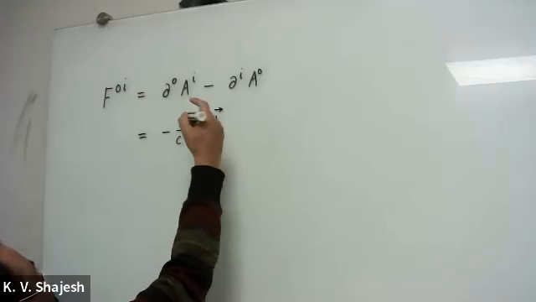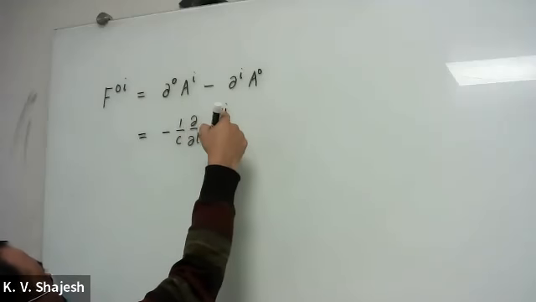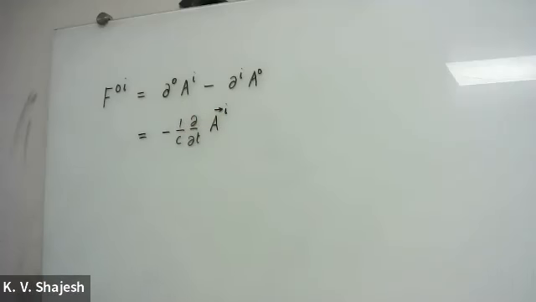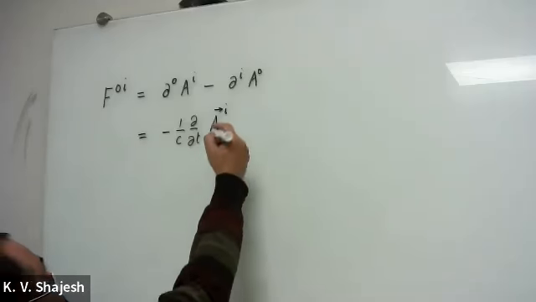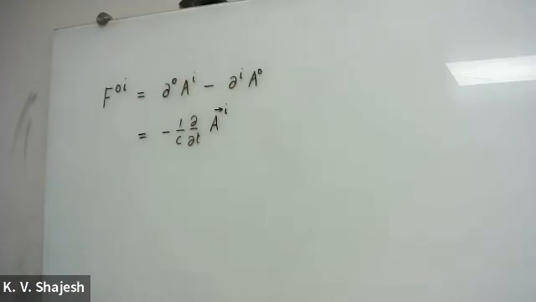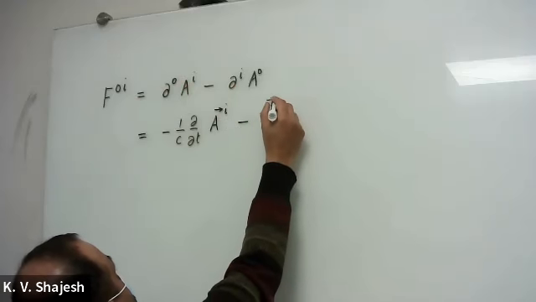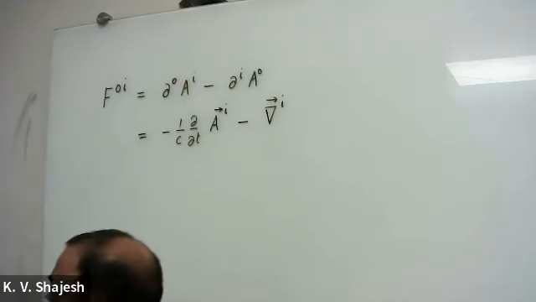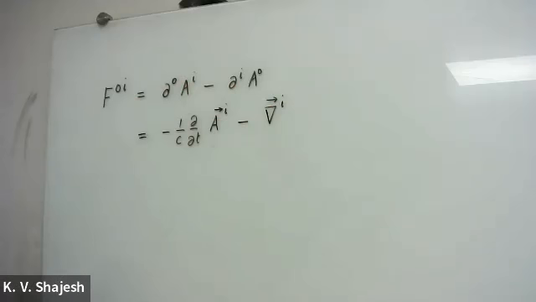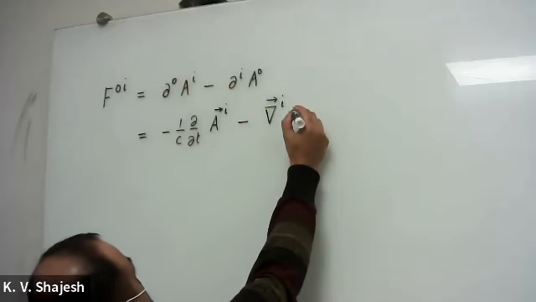Since I'm writing it as a vector, the index is kind of unnecessary, but I'm writing both just to point out that we have this electric field. This is the gradient operator, so it's minus the gradient of A^0, the 0th component of the potential, that's phi over c.